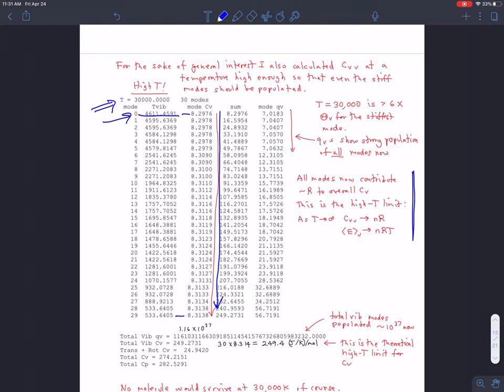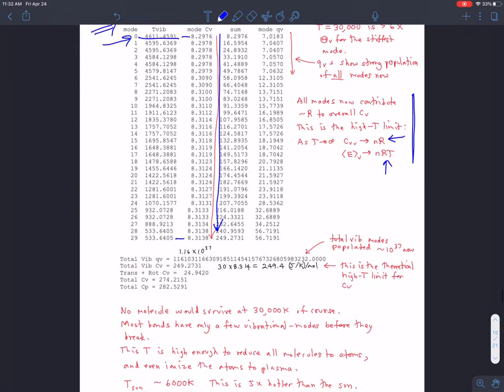In the high temperature limit, every contribution to the molar heat capacity is just R, and every contribution to the molar internal energy is just RT. And so in this case, the overall heat capacity would be about 250. Obviously, that's not the case for the actual molecule, but that's the theoretical limit if we were in the high temperature limit for all modes.